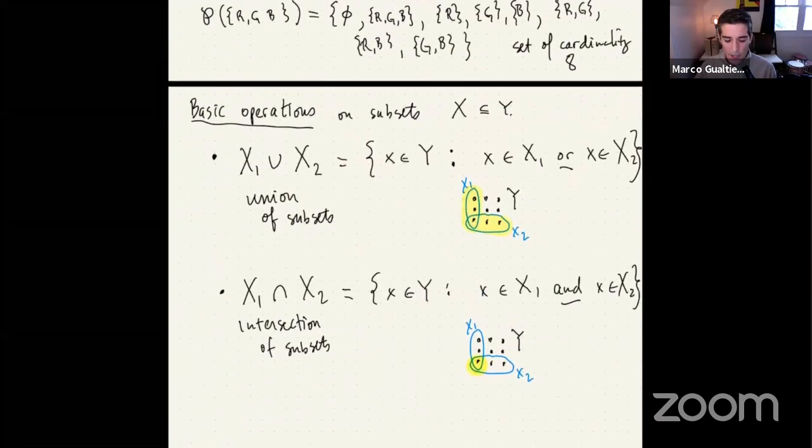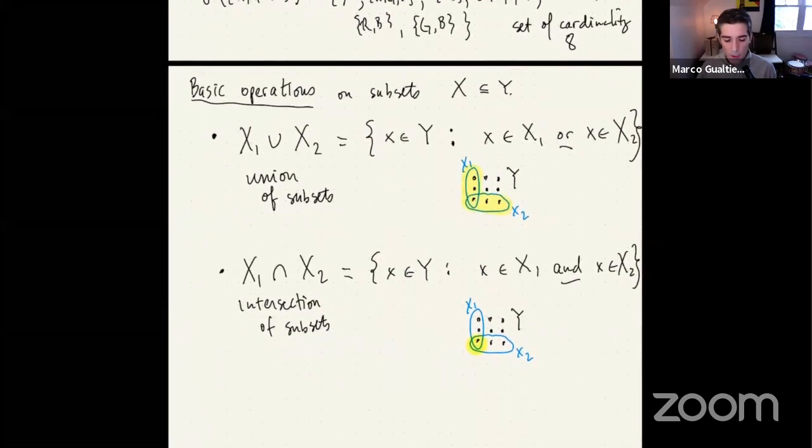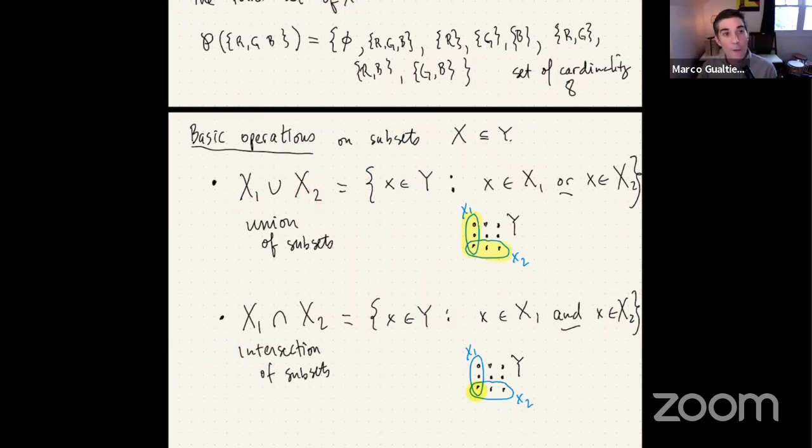And so you can think that these are operations on subsets of Y, and so in a way, you can say that they're operations on the power set of Y. If you take two elements of the power set, what are they? They're just subsets of Y, like X1 and X2. These are elements of the power set of Y, and this union is another element of the power set of Y. So given two elements of the power set, we have a way of combining them and getting another element in the power set.